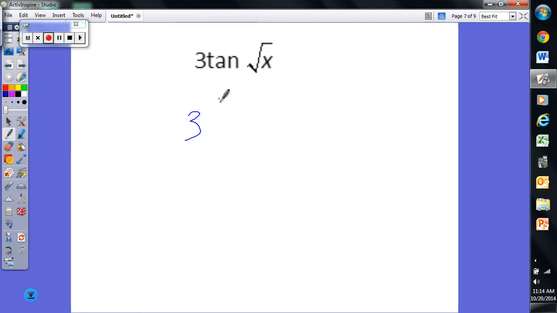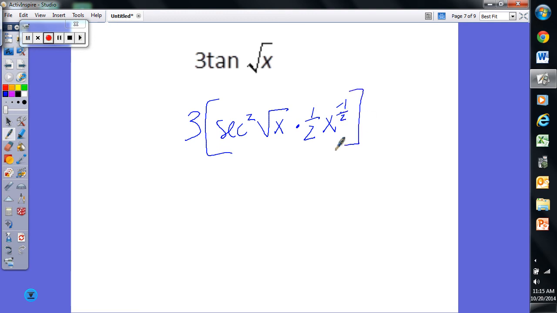So our answer is going to be 3 times something. Now, the derivative of tangent of the square root of x is the chain rule. So the derivative of tangent is secant squared, leave the inside alone, times the derivative of the inside. So now I like to distribute these two because it comes out kind of nice.